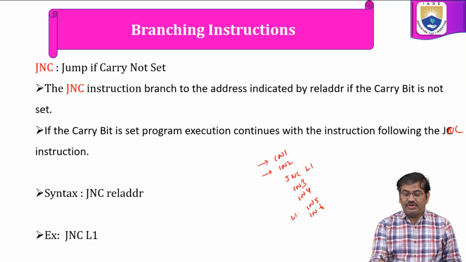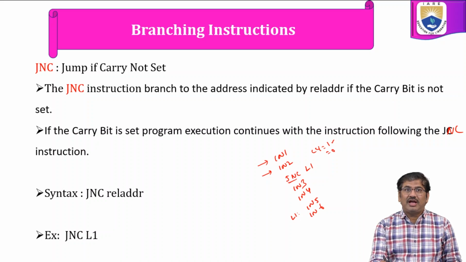Upon the execution of instruction 2, if the carry flag is equivalent to 1 or 0, the control transfer will be changed. If the carry flag is equivalent to 1 after executing instruction 2, as we are checking for no carry and this is carry 1, which is a false case, so instruction 3 will be executed.